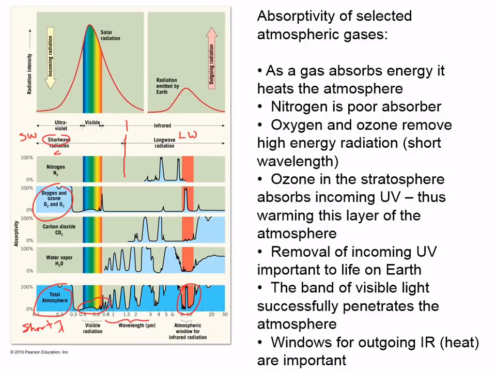But the bottom line, like this says, is with regard to visible light we have an open window, and with regard to infrared, we have an open window. Now notice that this window over here for heat is important not only for incoming, but it allows our Earth to vent to outer space.